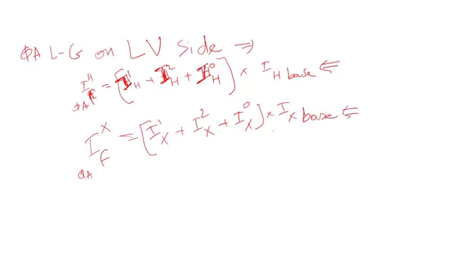So again, this is the current the low voltage winding has to carry should a line to ground fault happen on the low voltage side.